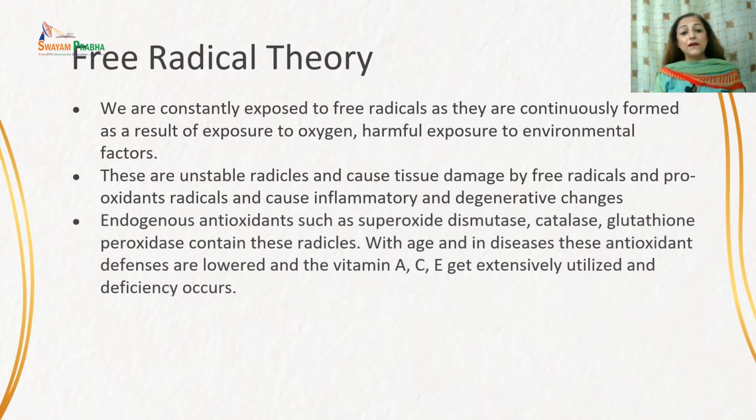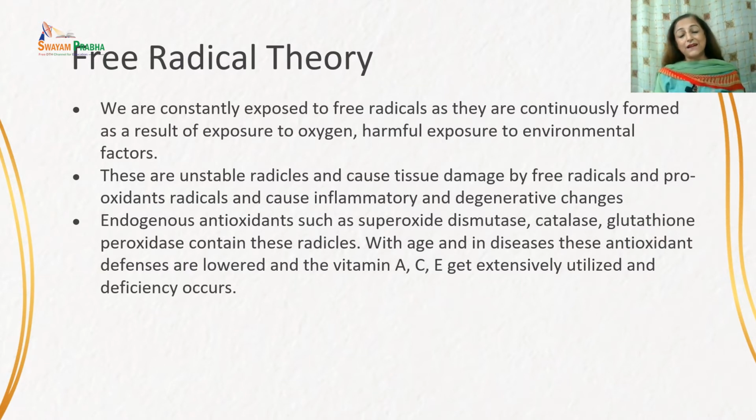Along with that, we have some antioxidants. We call them endogenous antioxidants. Examples of such compounds are superoxide dismutase, catalase, and glutathione peroxidase, and all these antioxidants act together with certain compounds inside our body, that is glutathione and NADPH, and they help in containing these free radicals.